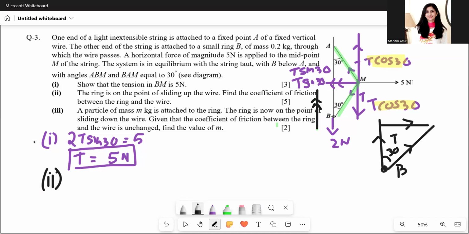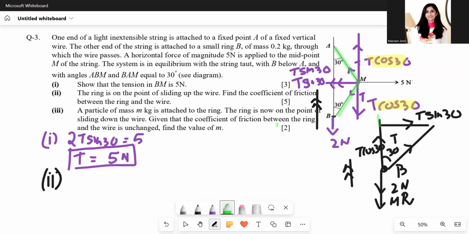This one is going to be T sine 30 and this one is going to be T cos 30, and there's a weight downwards and this is the direction of motion. That means there's going to be friction downwards as well. Now let's equate these forces. Since the system is in equilibrium, T cos 30 equals 2 plus mu R.